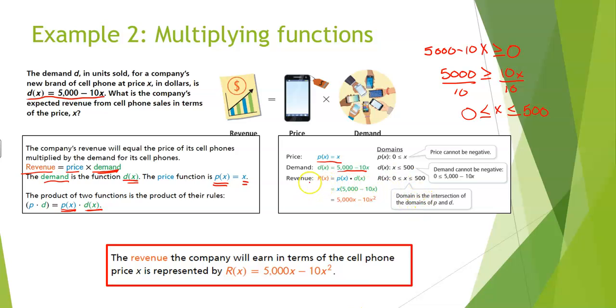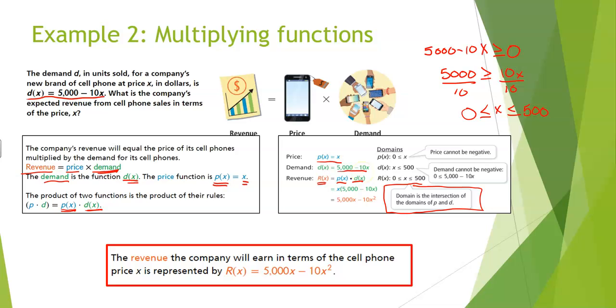Now, for the revenue, when you multiply, the domain, this is important. The domain is the intersection of the domains of the things that you're multiplying. So to find the domain of a function where you're multiplying, it's the intersection of those two functions.